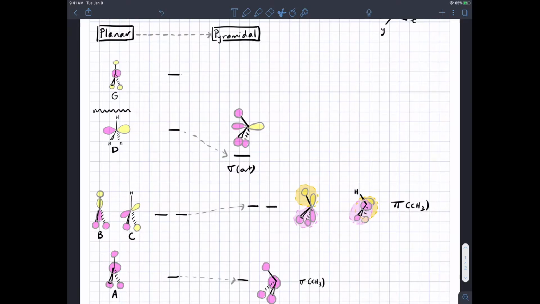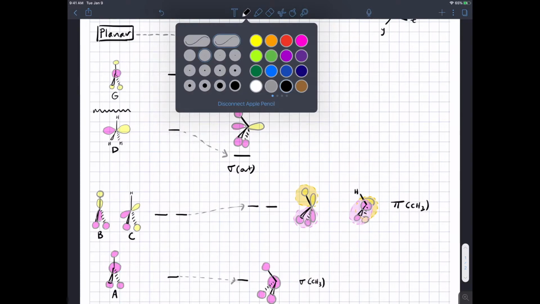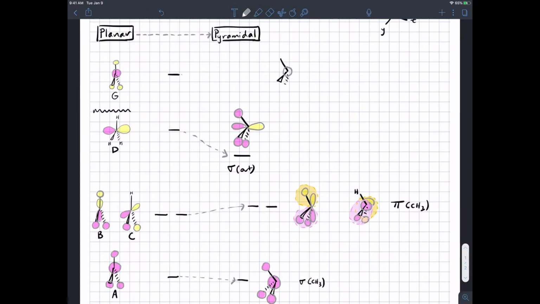Okay. What else? And then if we were to distort the antibonding sigma CH3 from planarity, we would end up just with what you would expect.